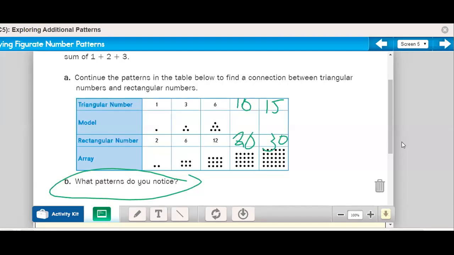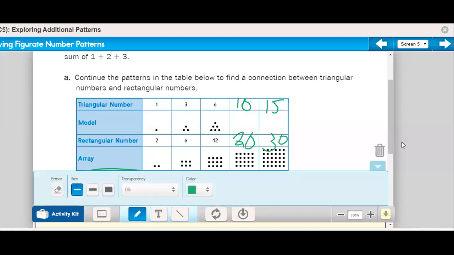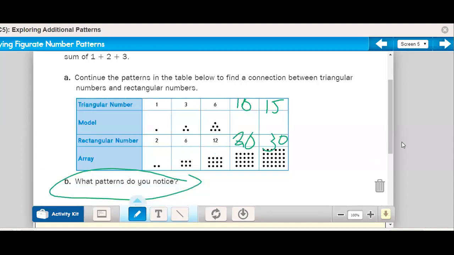Okay, so the trick for part C here, I know I'm going back to part A, but we're going to use that to help us. Something that we notice is no matter what we have as our rectangular array number, our triangular number is half of that. So for example, half of 2 is 1.